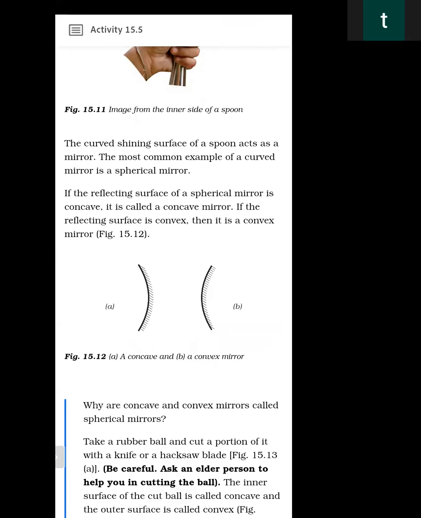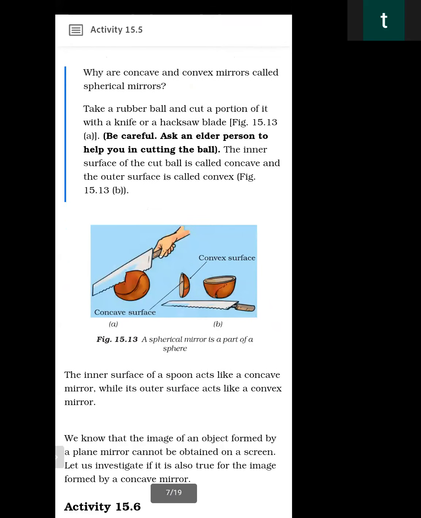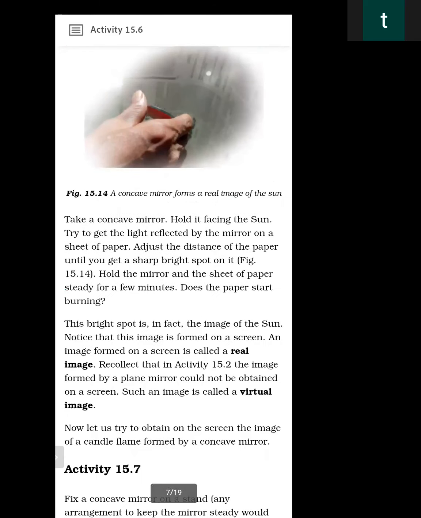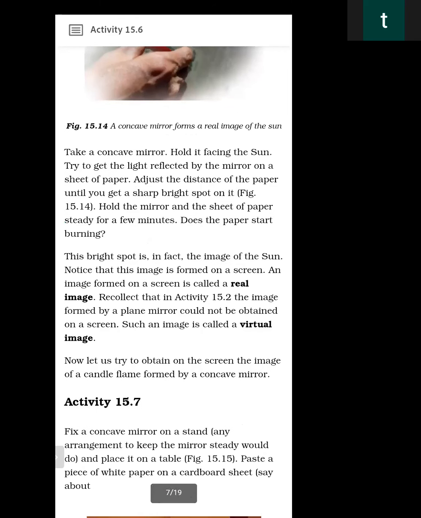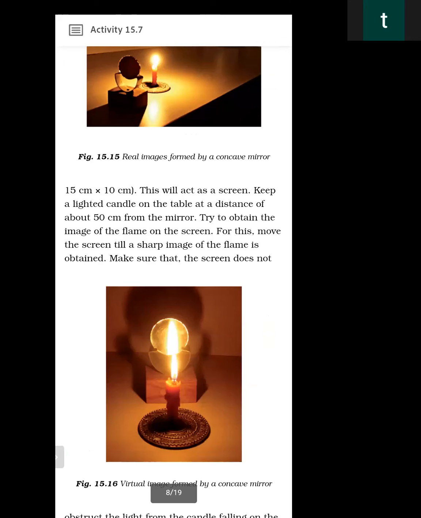Then we discussed the uses of mirrors and the image formed by a mirror. A concave mirror can form a real and inverted image, or a virtual and erect image, but a convex mirror will always form an erect and virtual image.